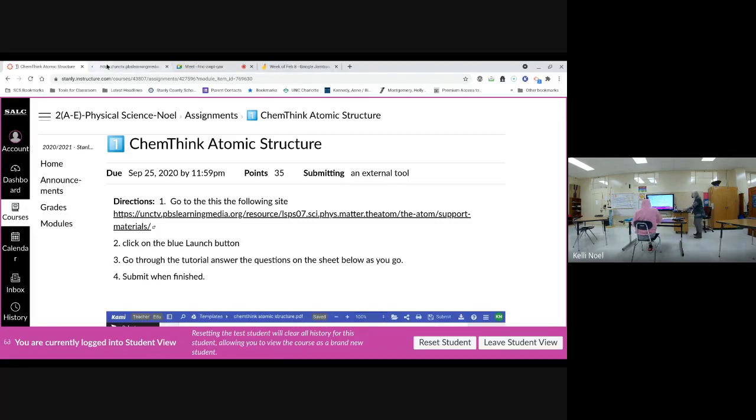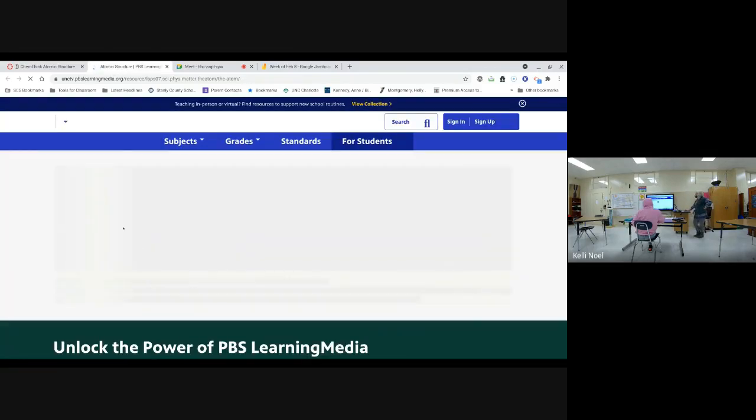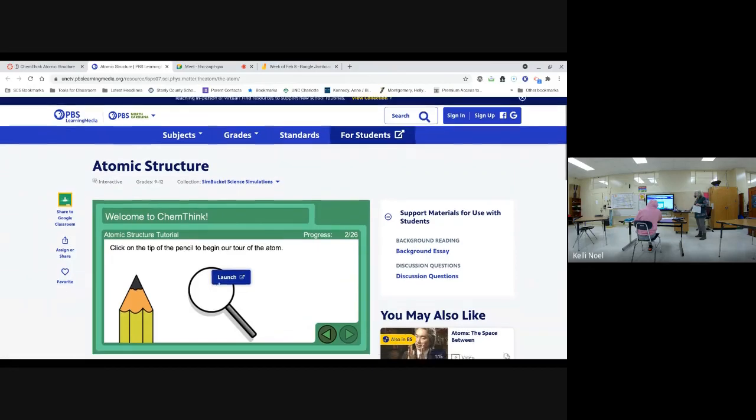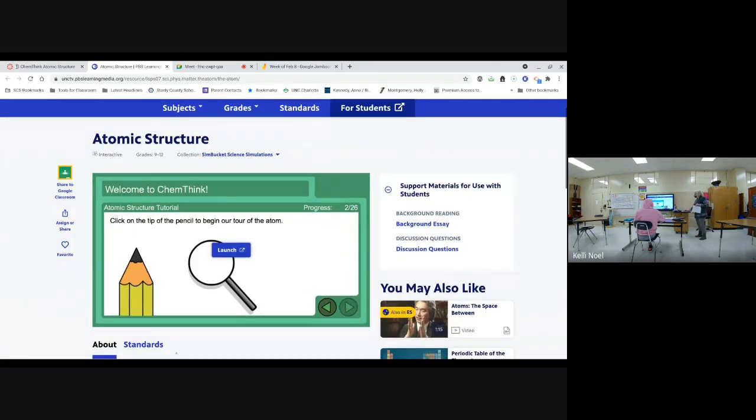Sometimes it will open automatically in a different link, and sometimes it doesn't. And this is why you may want to do it on paper. You're going to see this when you click on that link, and you're going to click on Launch. So everybody needs to go through and get to that point.